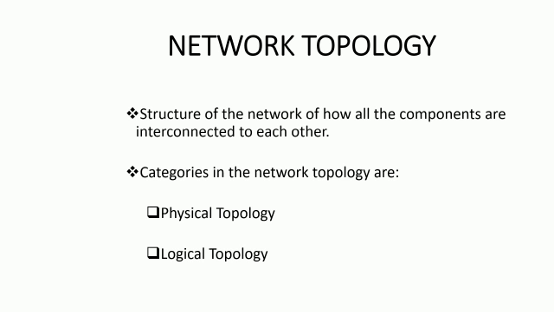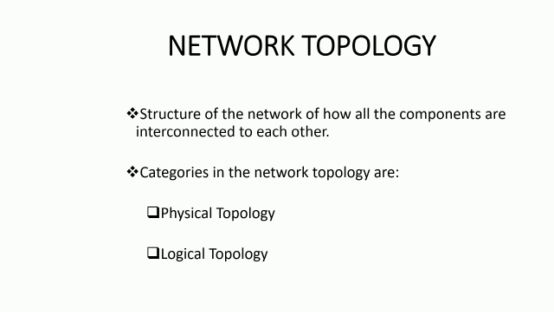First, we'll be discussing what network topology is. Network topology is defined as a way the network is laid out physically. By physically, I mean how the components are interconnected to each other.